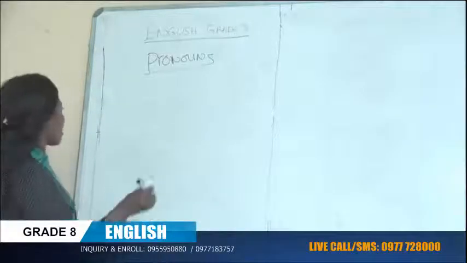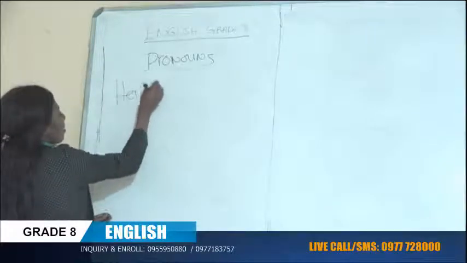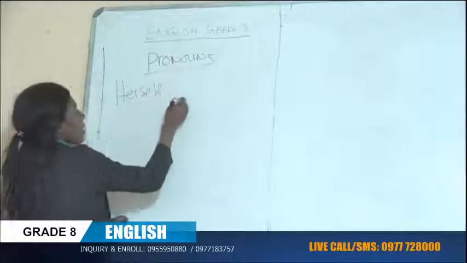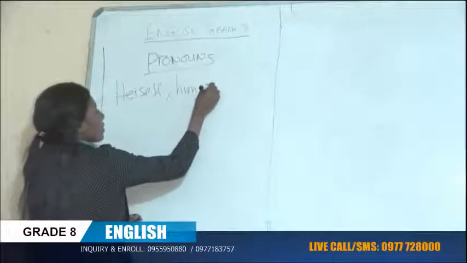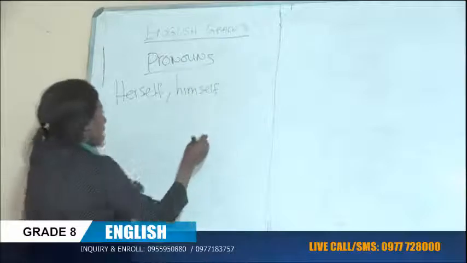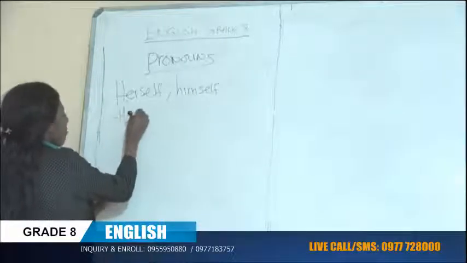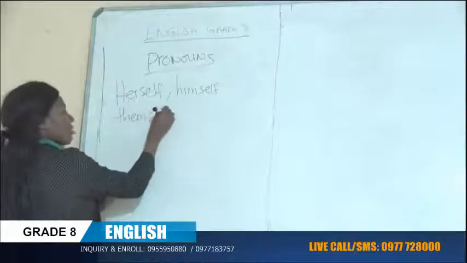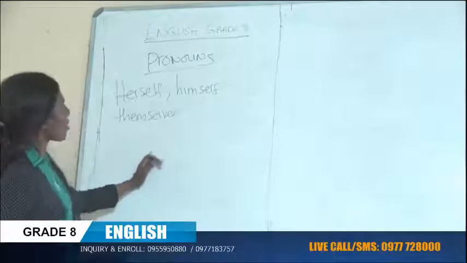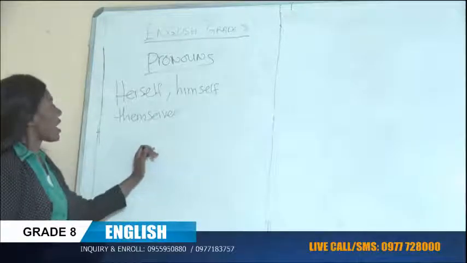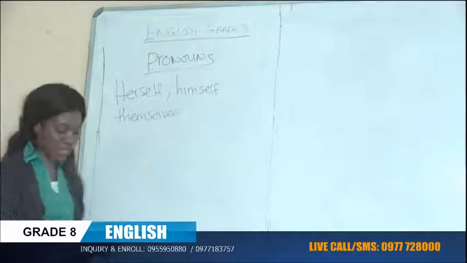The examples I've given are, one, you can say herself, or you can say himself. That is now singular. So you can say themselves, because they are more than one. These are examples of how you change a pronoun to a reflexive pronoun, taking it back to the subject.